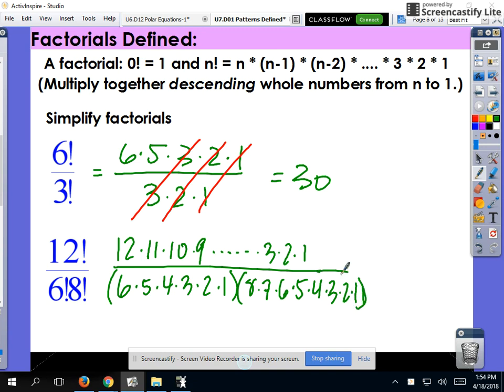As far as canceling things out, which one would cancel out more? 8 factorial cancels every number all the way through here. So I'm going to go ahead and cancel this guy out. And that makes it simplified to 12 times 11 times 10 times 9 over, and we'll just keep this as 6 factorial. I don't think much will change. You could maybe divide out something, but we're not going to stress about that right now. That would be how we would simplify that first step.